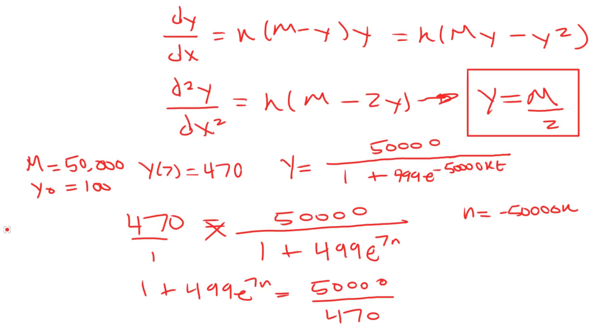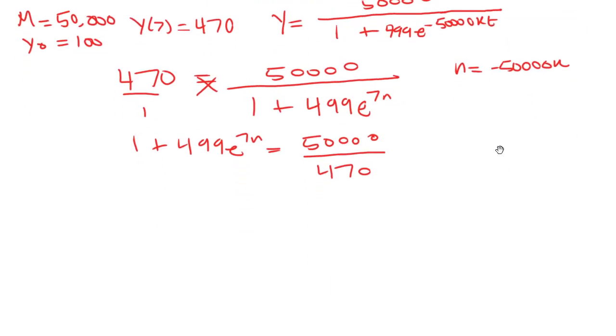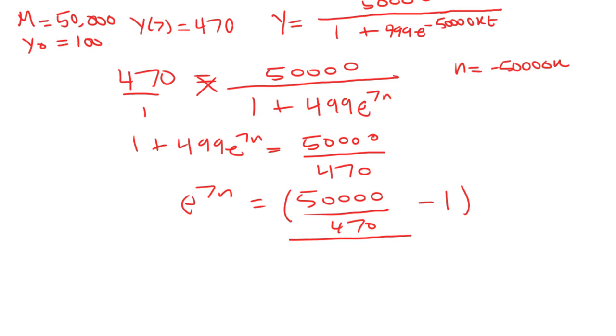So in this case, how do you solve for the constant that we're calling n? Well, in any case, you just have to subtract 1 and divide by 499. So you get e to the 7n equals 50,000 divided by 470 minus 1, but remember that we have to divide this whole thing by 499. But notice this, what do you need to do with this?